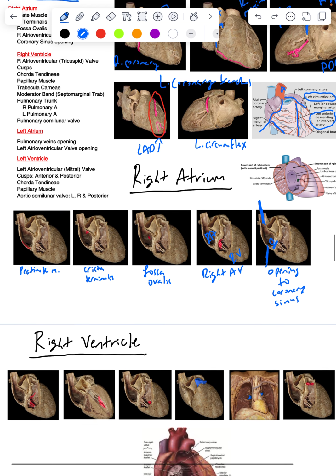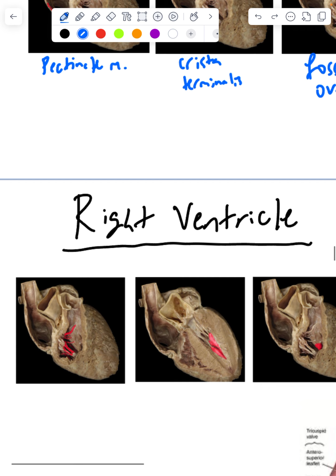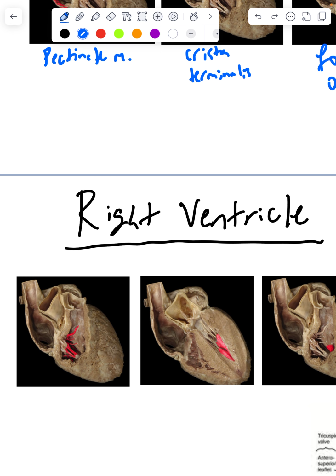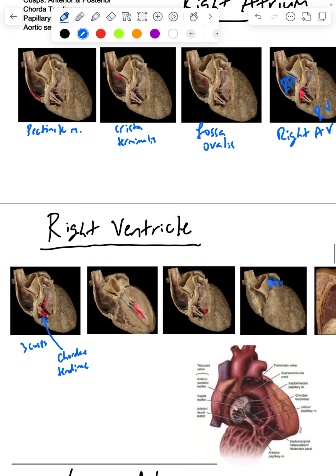Now, the right ventricle is going to have the right AV valve we just talked about. It has 3 cusps. But these things right here that it's showing are your chordae tendineae. Your AV valve is connected by a bunch of cords, or chordae tendineae, to papillary muscles.